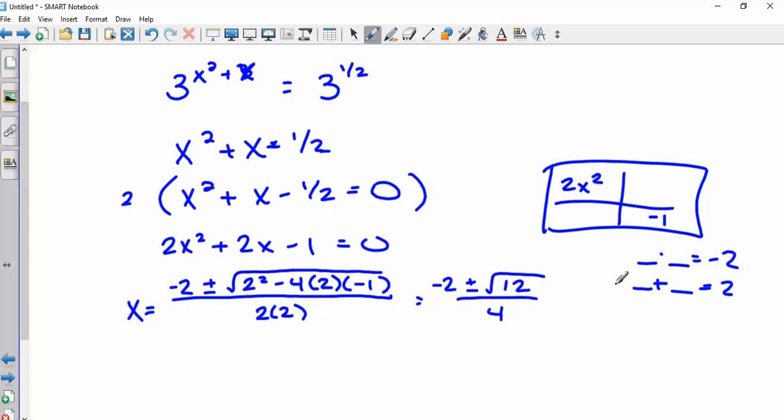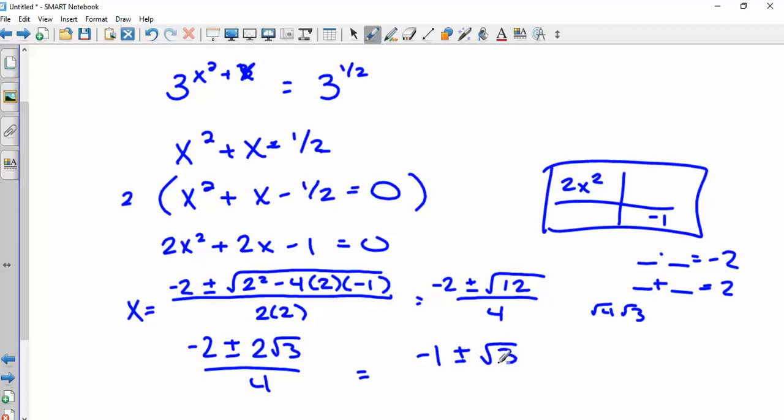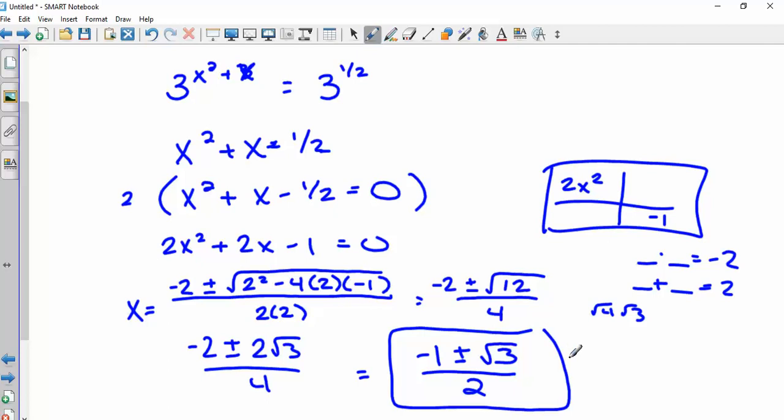How would I break down the square root of 12? So that's negative 2 plus or minus the square root of 4 is a 2. Could divide everything by 2. And that's about as nice as it's going to get. So that one was exceptionally ugly because it didn't factor nicely, but we could still handle it.